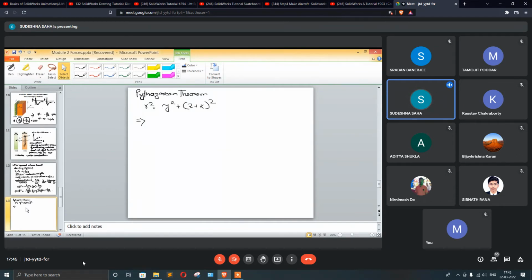Now if you integrate it between the appropriate limits, for k you can integrate from 0 to d1, and for y it will be 0 to infinity.